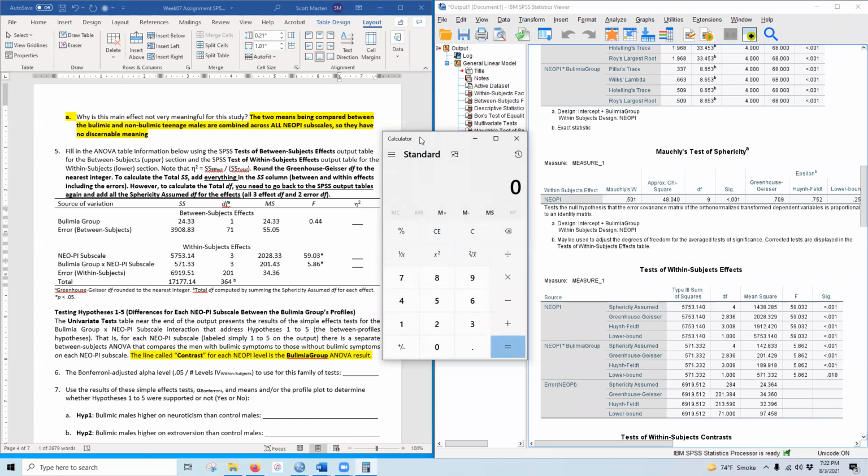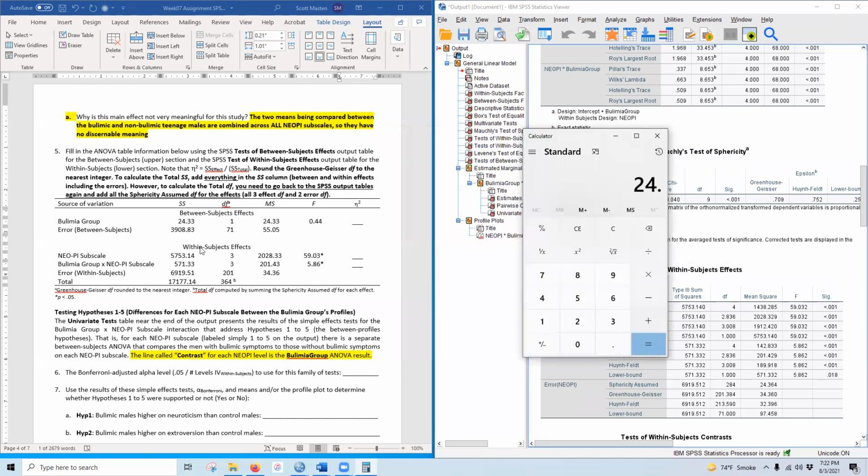All right, so 24.33 divided by 17177.14 is 0.0001. That's just going to be 0.00.